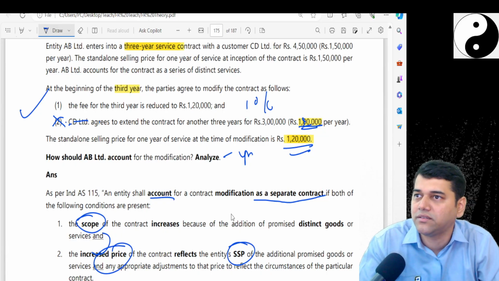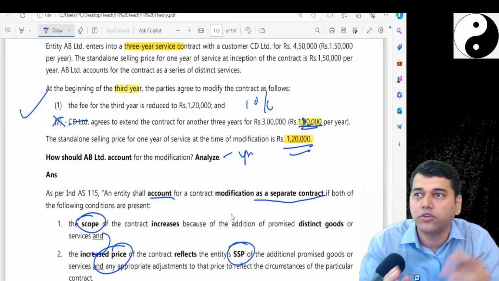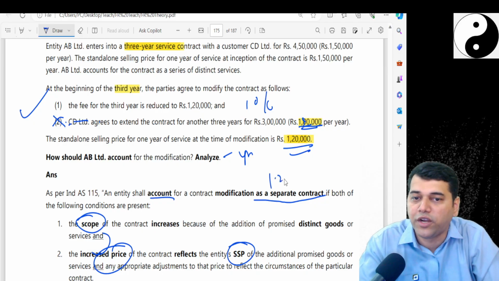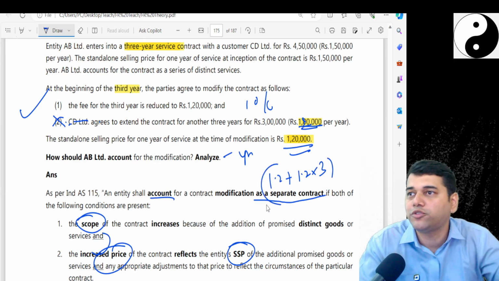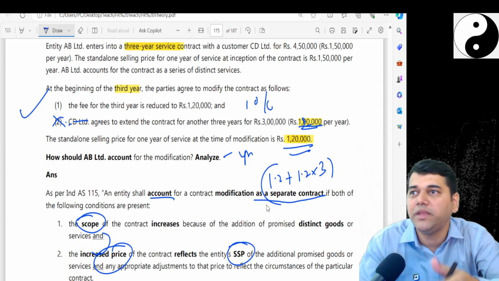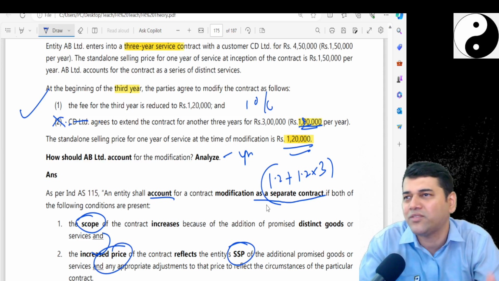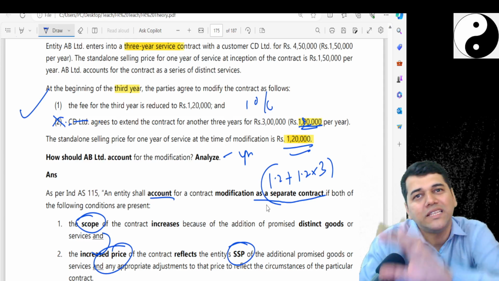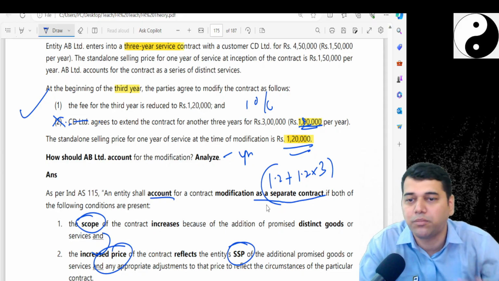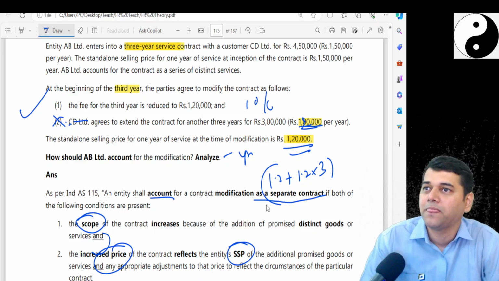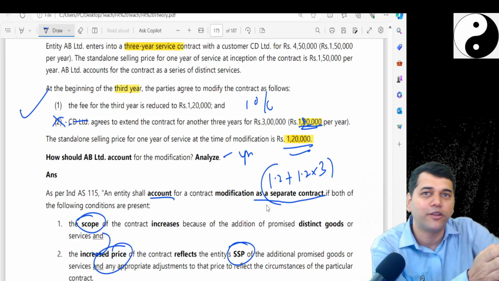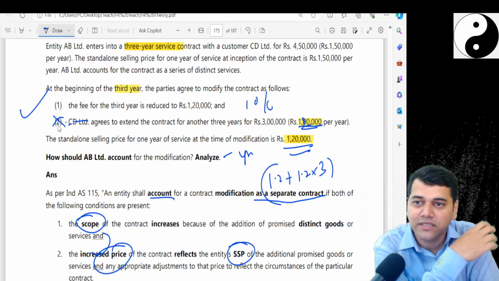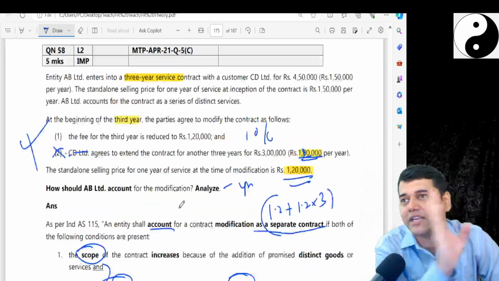New contract. If it is a new contract, what is the new contract value? 1.2 plus 1.2 into 3. How many years should you expense it over? 4 years. How much each year? 1.2. Understand, it is only the language here to trick you, but my point is, you keep it aside, we need not apply it right now. The only thing is, you may expect either one of the two questions in the exam.